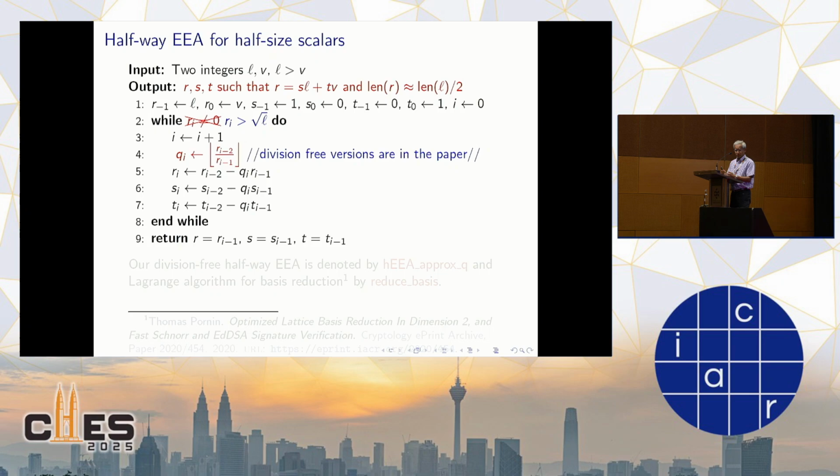And since we are stopping halfway, the length of R is half of the length of L. Similarly, the length of T is half of the length of L. And this is exactly what we want, so that we'll be able to reduce the number of point doublings in the double scalar multiplication needed in the verification of EdDSA signatures.